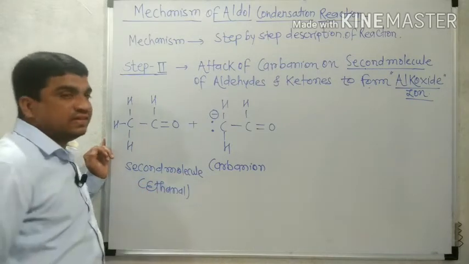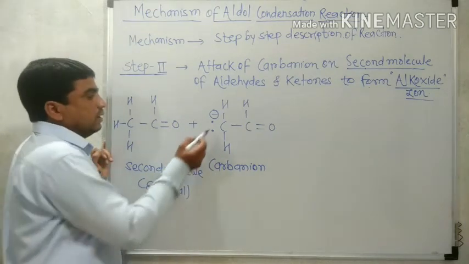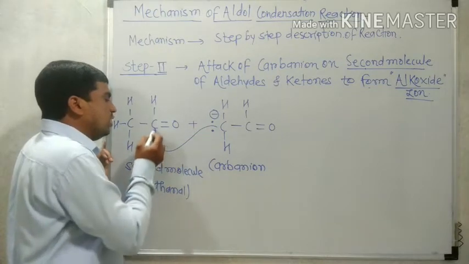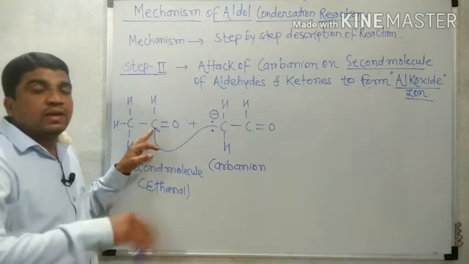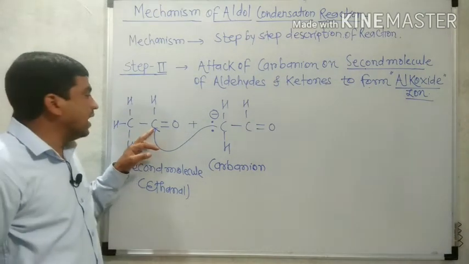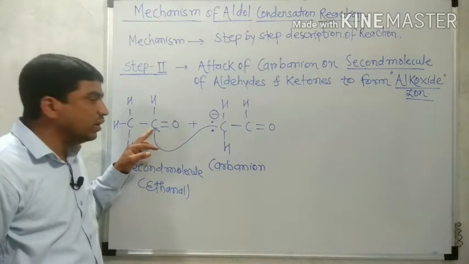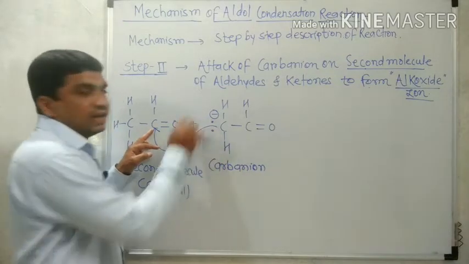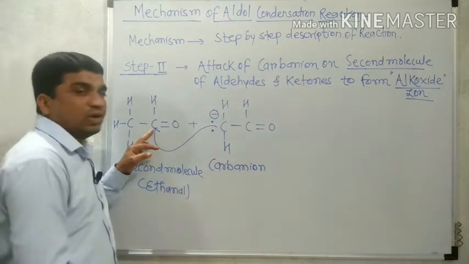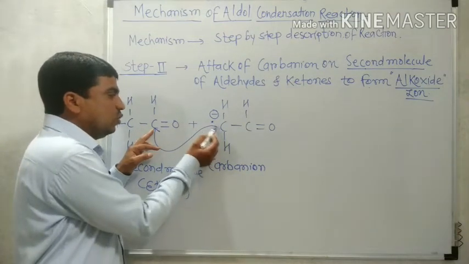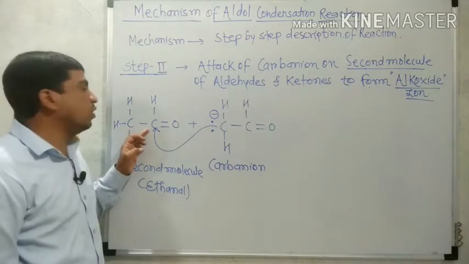So what happened in this step? This electron-rich carbon of the carbanion attacks the carbonyl carbon of the second molecule. Because this carbonyl carbon is electropositive, it does not hold more of the electron pair. Therefore, it is not more electronegative, it is more electropositive than this carbon. So, due to the presence of the lone pair of electrons on this carbon of the carbanion, this carbon donates a pair of electrons to this carbon and forms a bond with that carbon.